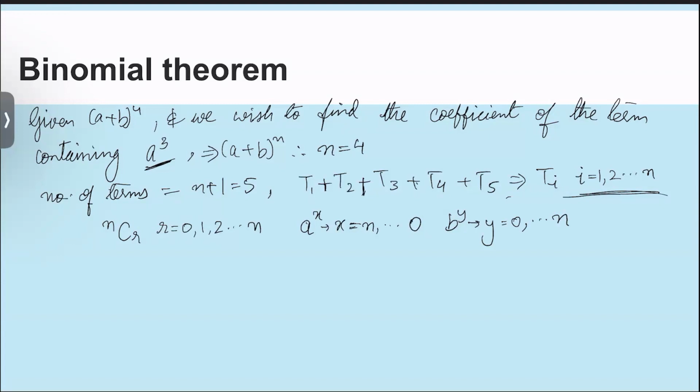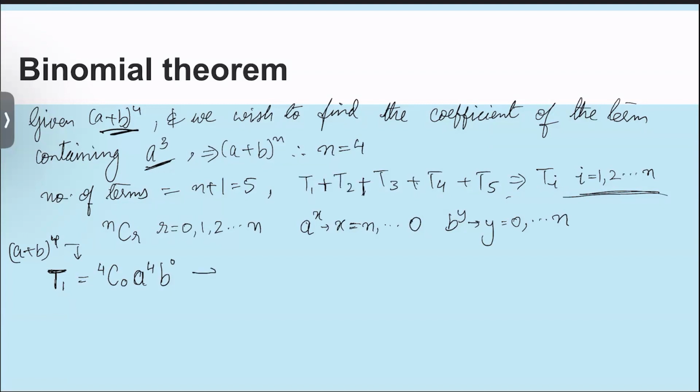Now, as per this expansion, let's take the first term, T1. For the expansion (a + b) the whole raised to 4, your T1 would be 4C0 a raised to 4 and b raised to 0.